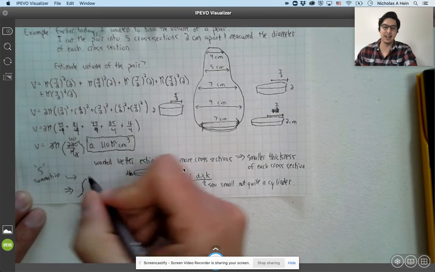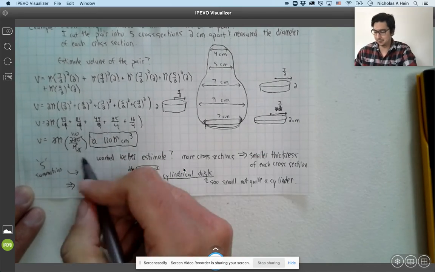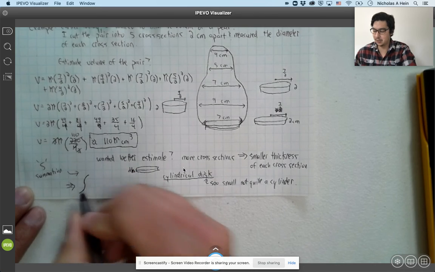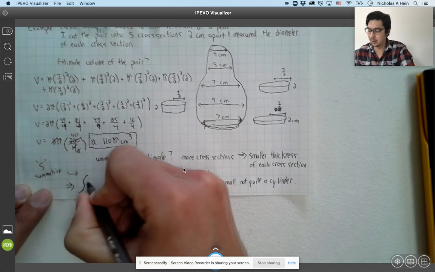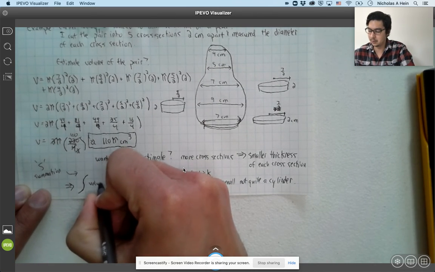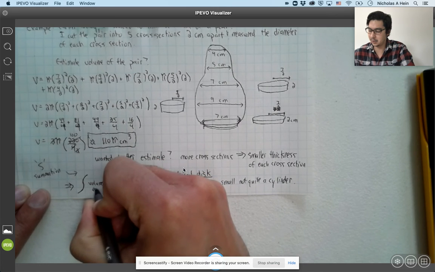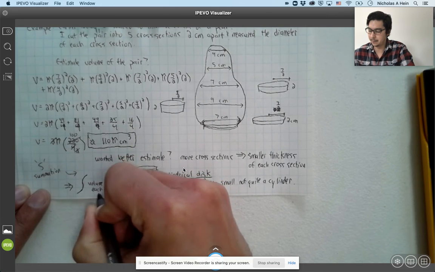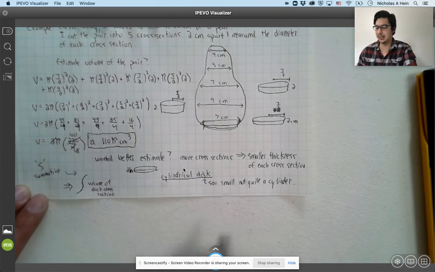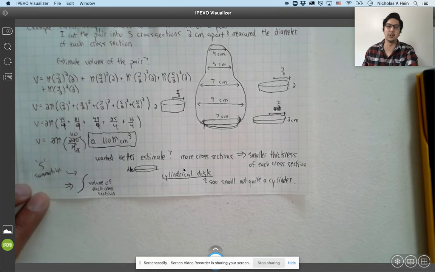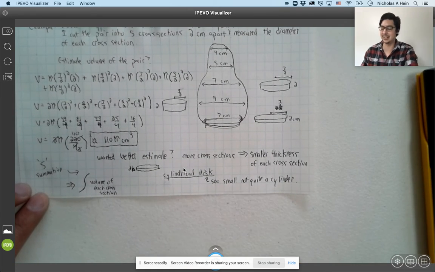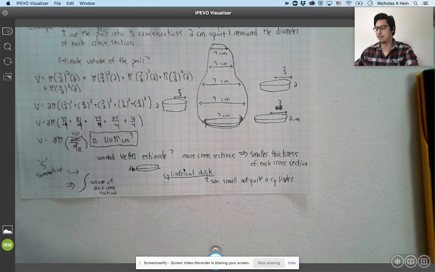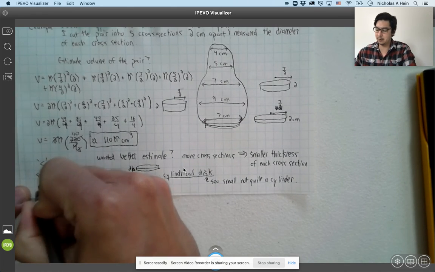So it's a squiggly line, but it's actually an S, where it would be the sum of the volume of each cross section. But you'll see in the next video where that comes into the formula that we're going to use to calculate the exact volume. Okay. So there it is for lesson 1.